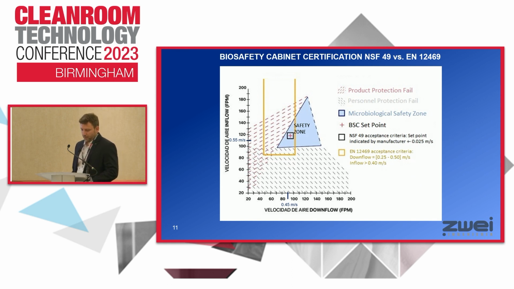The red cross is the manufacturer set point. It's in this zone because if you have electricity differences, it moves in a certain direction.